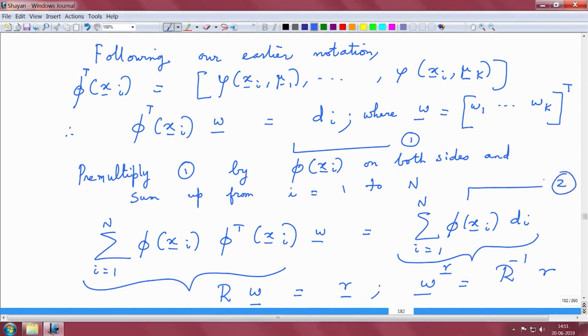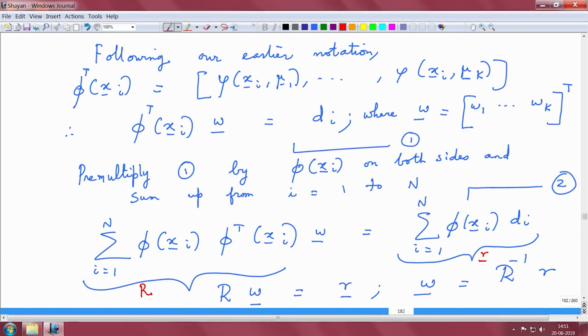Okay. So the right hand side of equation 2 is this vector which is r, and if you are confused I will put this in red so that it is clear, and this quantity is this matrix R. So now we have capital R times the weight vector W equals this small r, which is a vector.